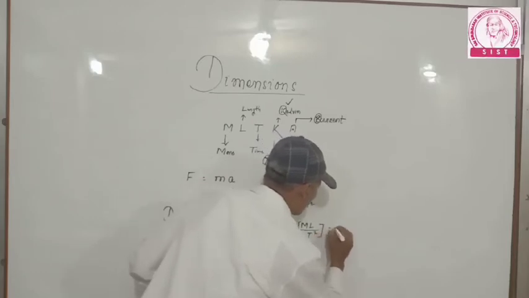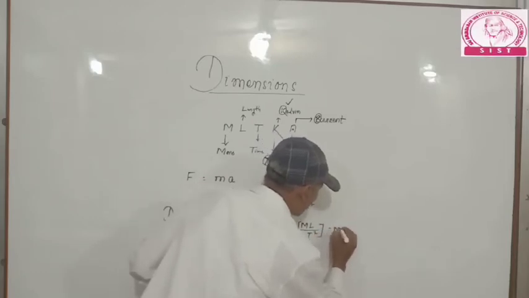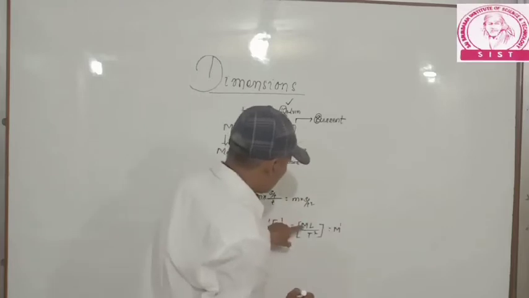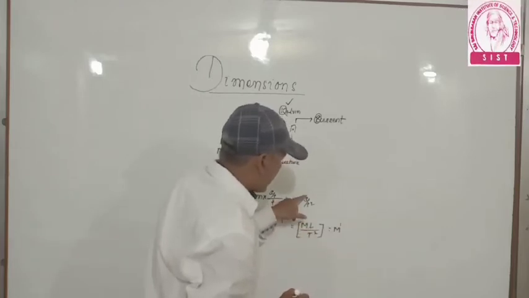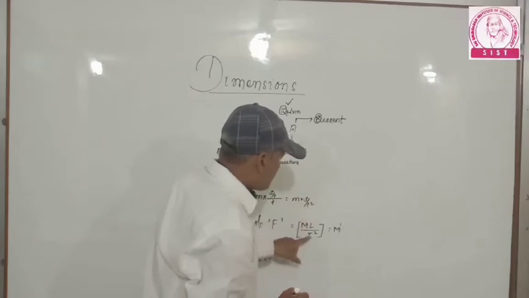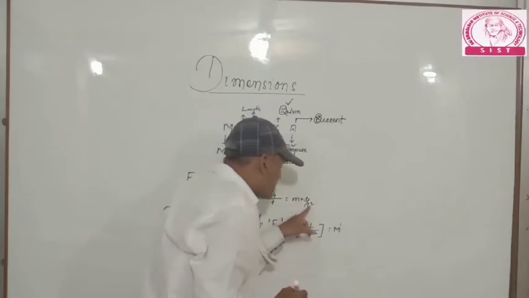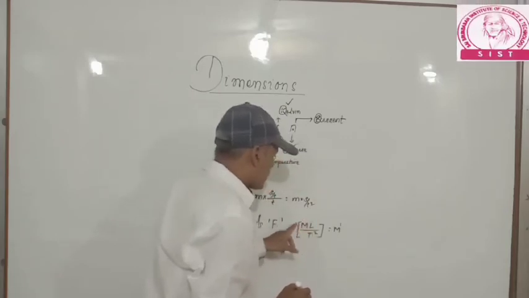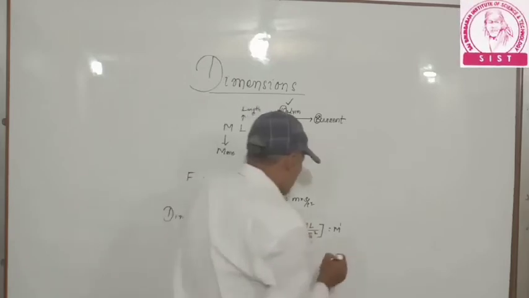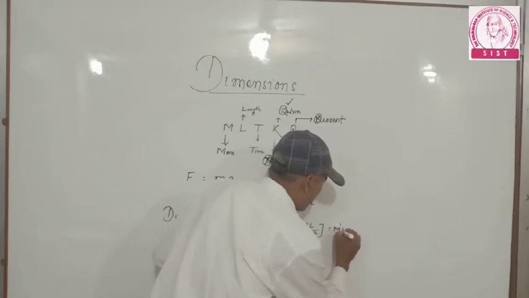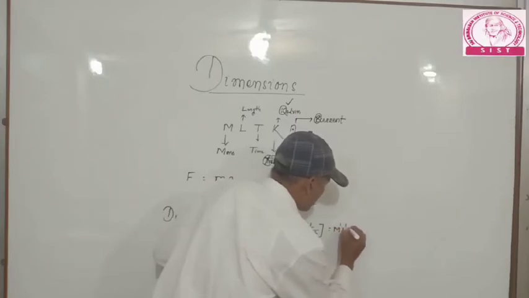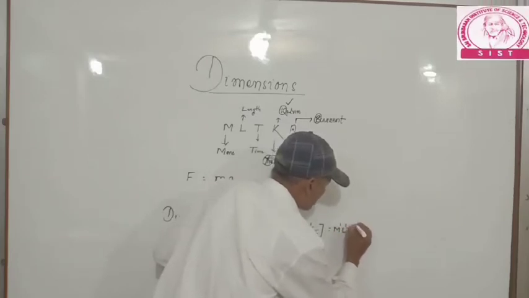This capital M stands for small m, the L stands for S, and t square stands for small t square. So now it is ml by t square. In power form we can write it is m1 L1 t to the power minus 2.